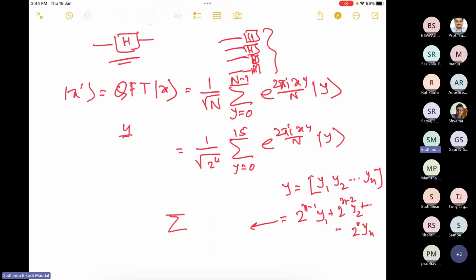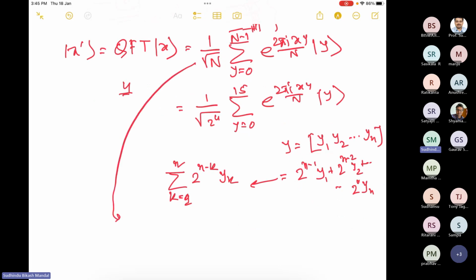So can we frame this expression in a generalized way? We can write it as the sum over k equal to 1 to small n of 2 to the power n minus k times yk. Now we can transfer this binary representation into the equation.